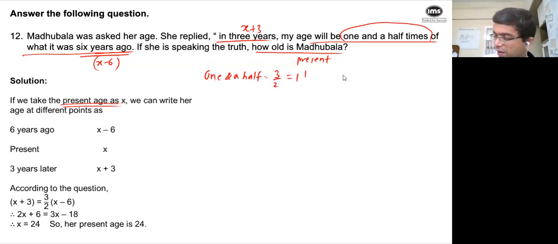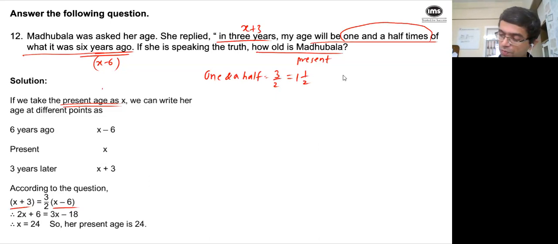Correct? 1.5 when converted to an improper fraction is 3 upon 2. English converted to maths now. X plus 3 should be 3 upon 2 times X minus 6. This is the age 3 years later. This is the age 6 years back. Solve for X. You get 24.